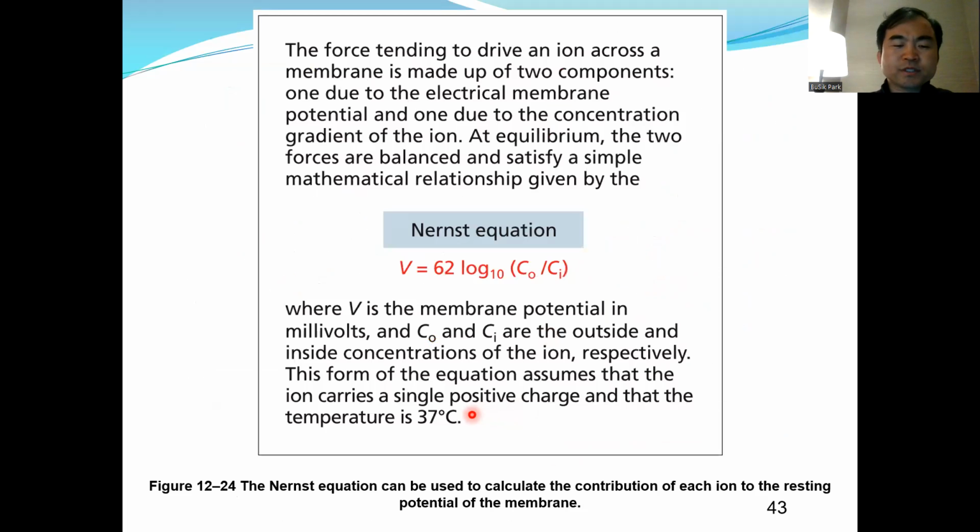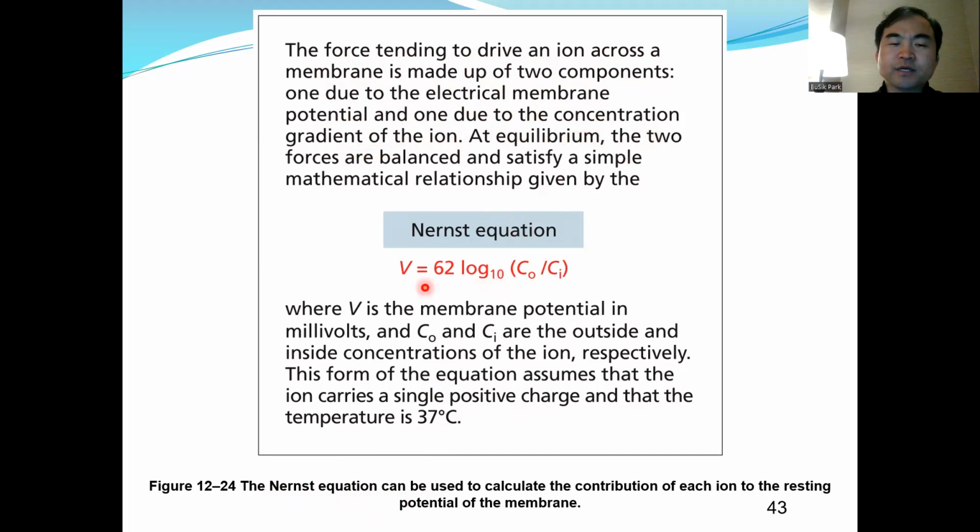And so it's the Nernst equation. The force tending to drive an ion across a membrane is made up of two components. One is the electrical membrane potential difference, and the other is the concentration gradient difference of the ions.